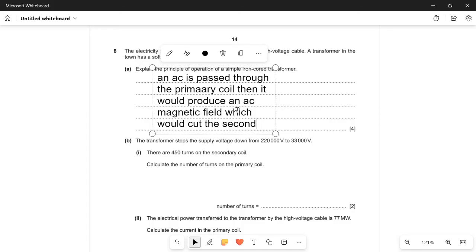The alternating magnetic field would be cut by the secondary coil, and then it would produce AC current on the secondary coil. So an AC current would be produced.